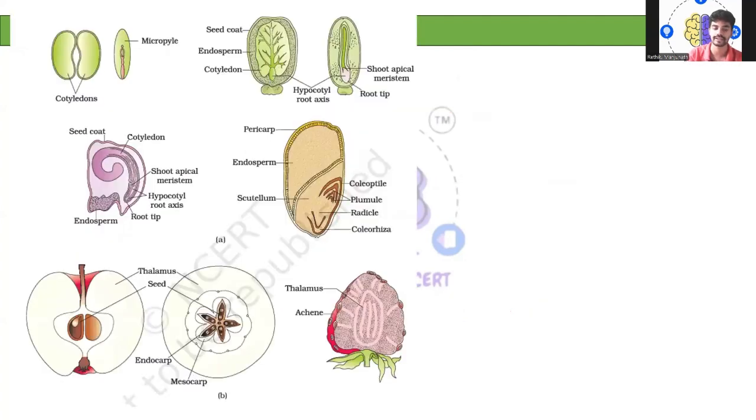Coming to the seed part, once they get developed into seed, you just need to understand non-albuminous and albuminous seeds.